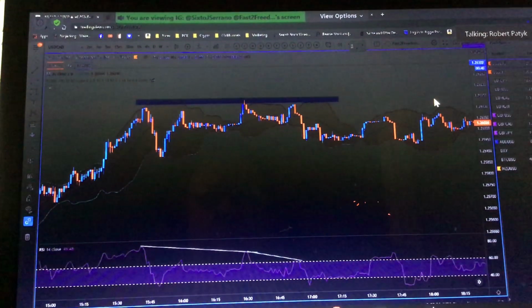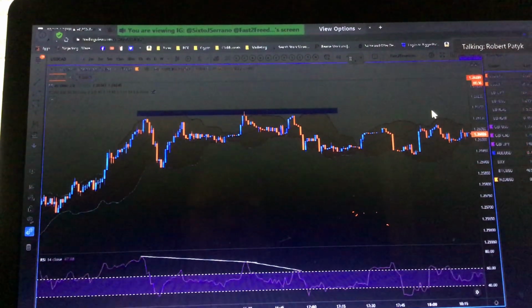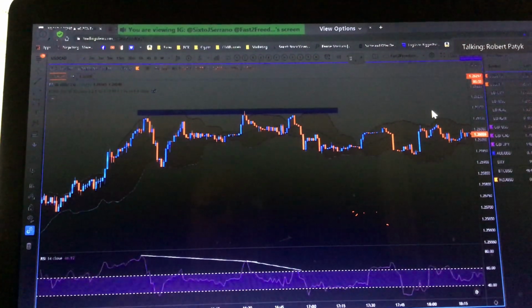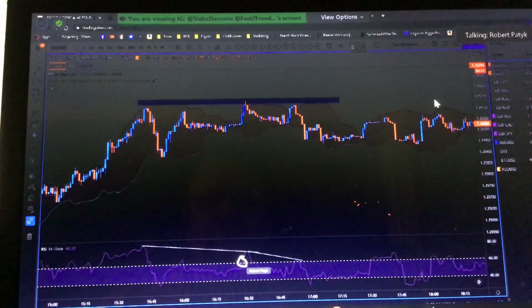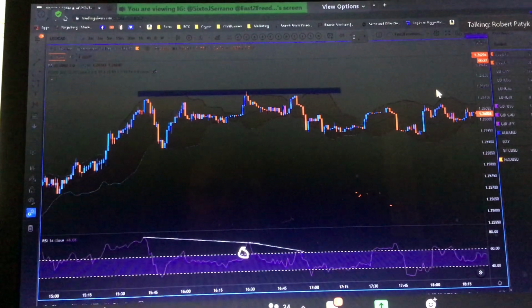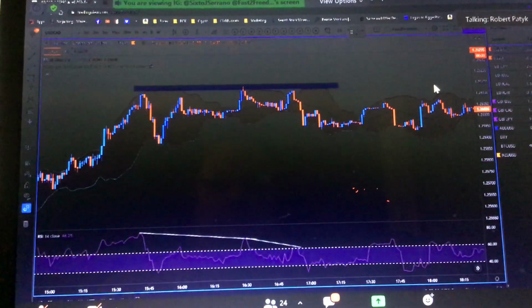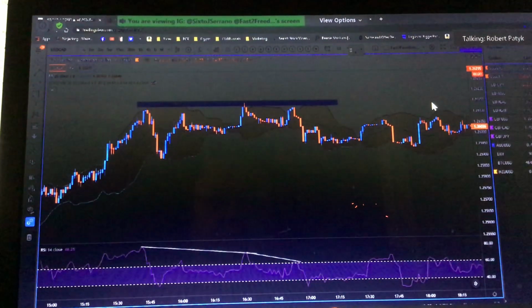So basically, I'm just going to point out one quick thing here. The question we had was, if the RSI is kind of high, doesn't that indicate that the momentum is to the upside? In this particular case, you can see that this preceded the big move up, right?